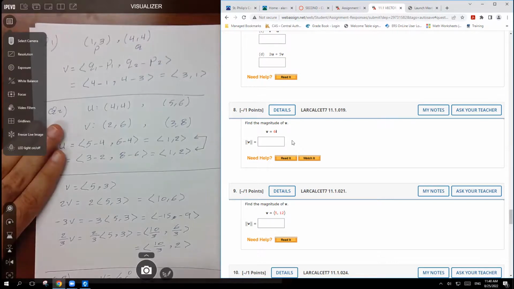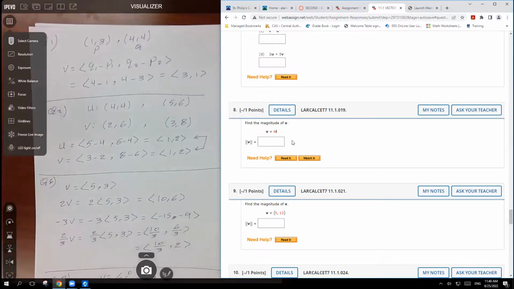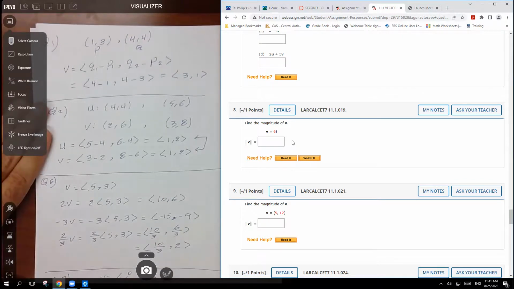If you want to write this down in standard unit form, what about if you want to write it down as a vector? This is i. Can you see j? No, that means j is equal to 0. So here's the form: 6i plus 0j.